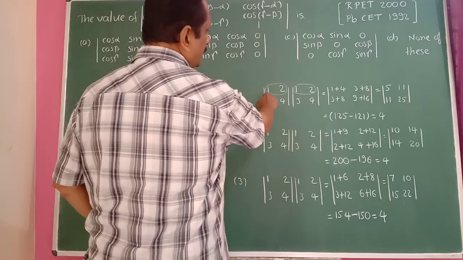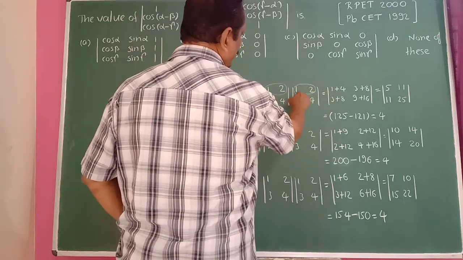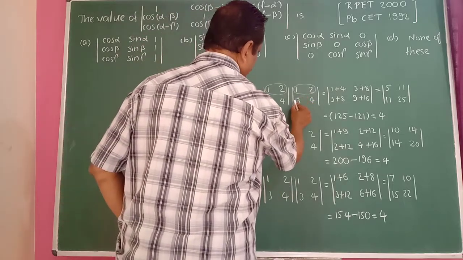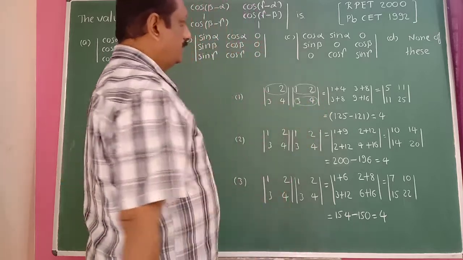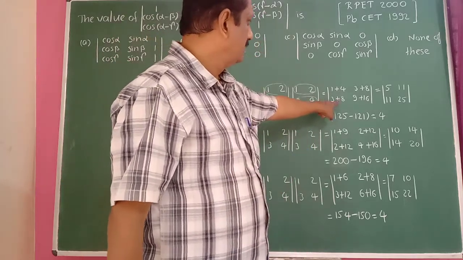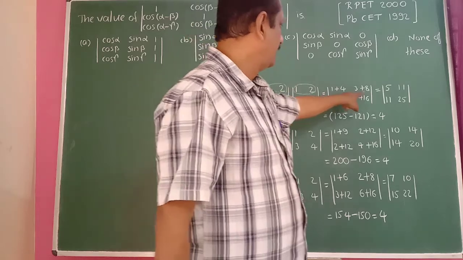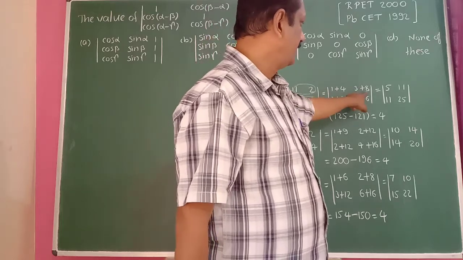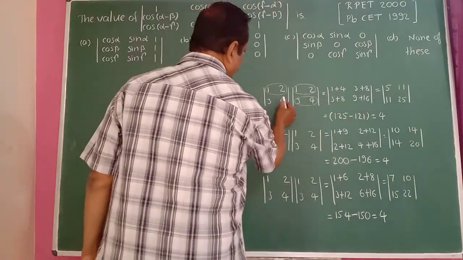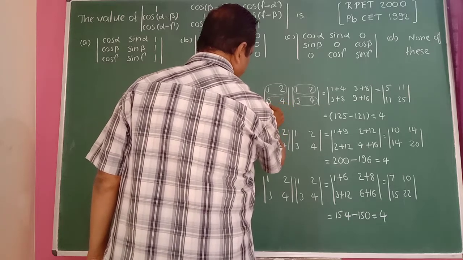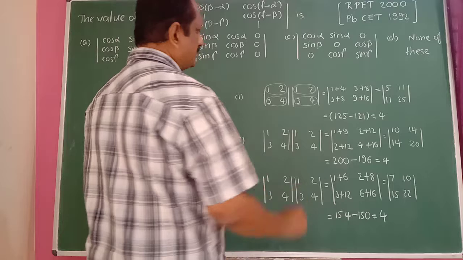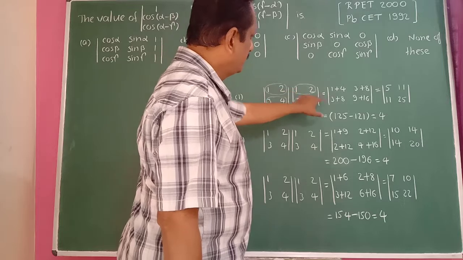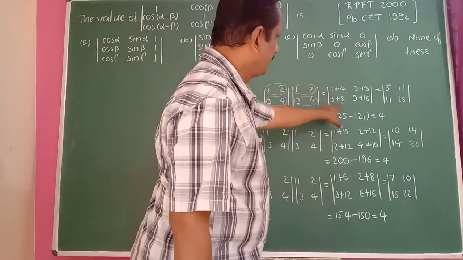Therefore, 1 into 1 becomes 1, 2 into 2 becomes 4. Multiply this row with the second row. Therefore, 1 into 3 is 3, and 2 4s are 8. Similarly, take the first row of the first determinant and multiply with the second row: 3 1s are 3 and 4 2s are 8.